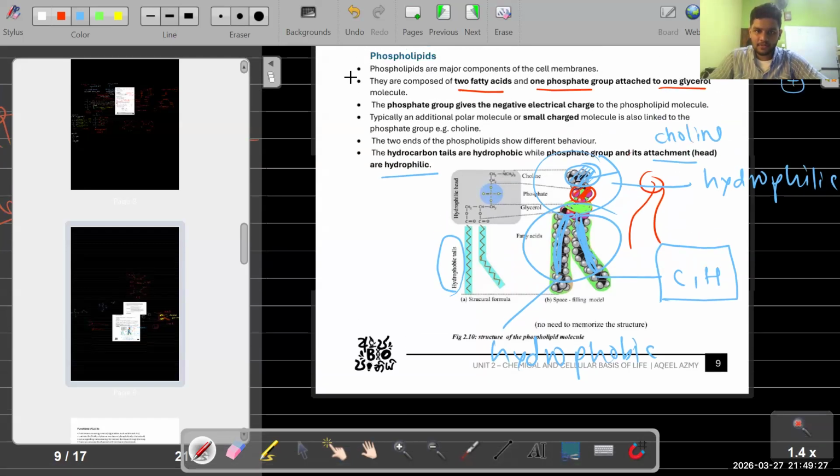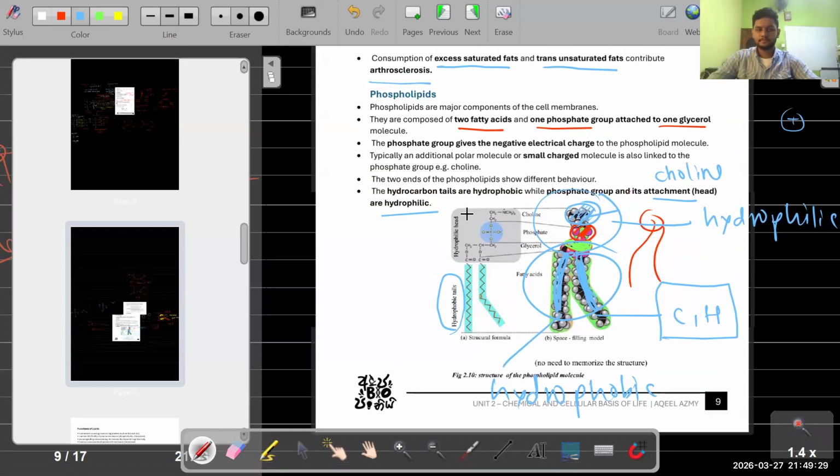Is that clear? The phospholipid part. Just check this complete part and let me know.